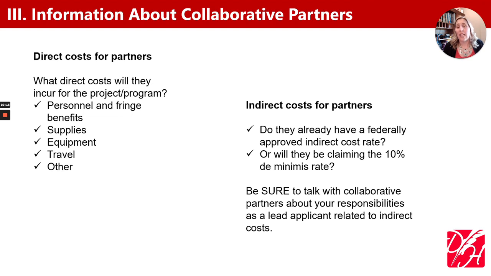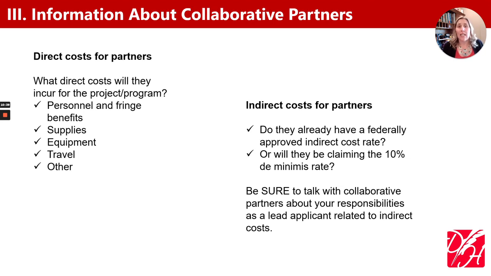If they do not have an already approved indirect cost rate, they may have the option to claim what's called the de minimis rate. So a 10% that any nonprofit can claim as their indirect cost rate when they're looking at, in particular, federal government funding. That's important for you to know. Do they have an approved rate or not?